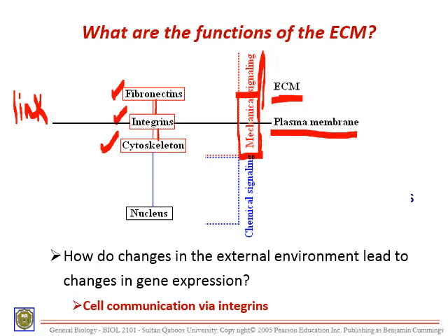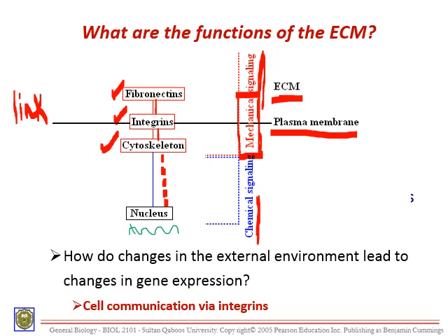But then from the cytoskeleton to the nucleus, it's not bound together, but there are chemicals. That's why we call it chemical signaling. So chemicals are transferred until they get into the nucleus, and when they get into the nucleus, they will affect gene expression.